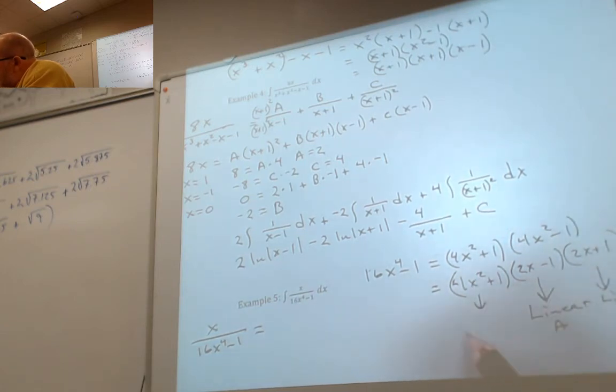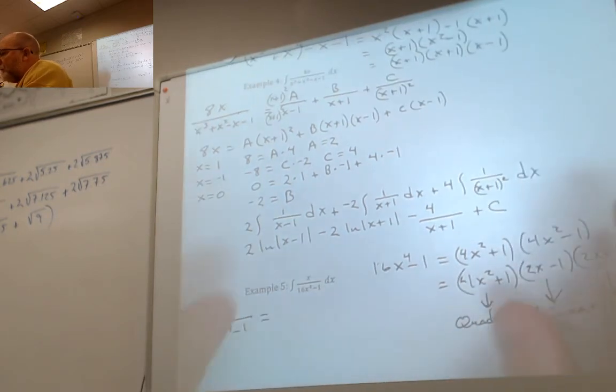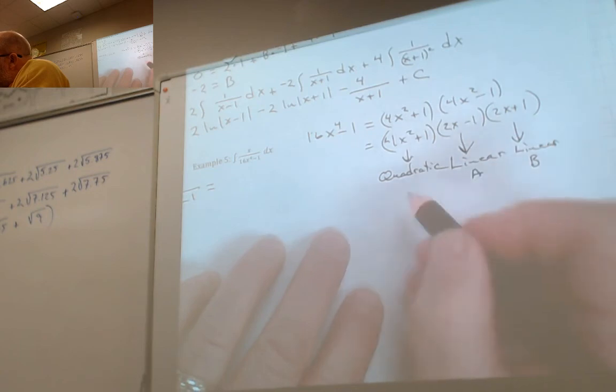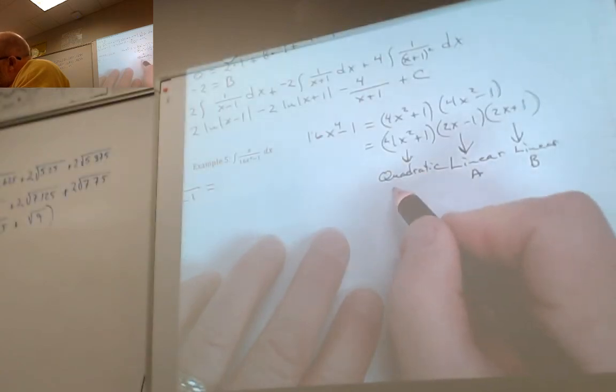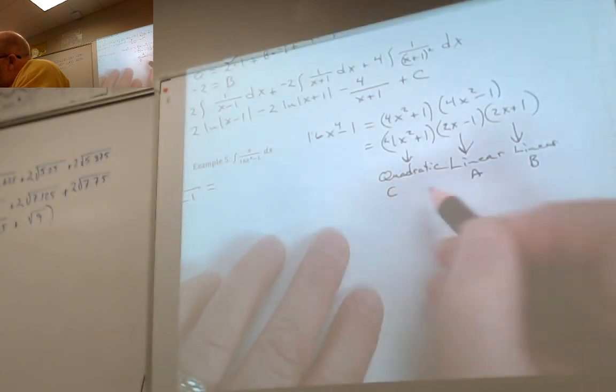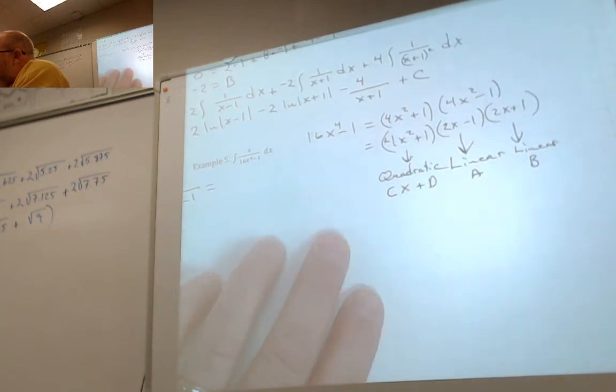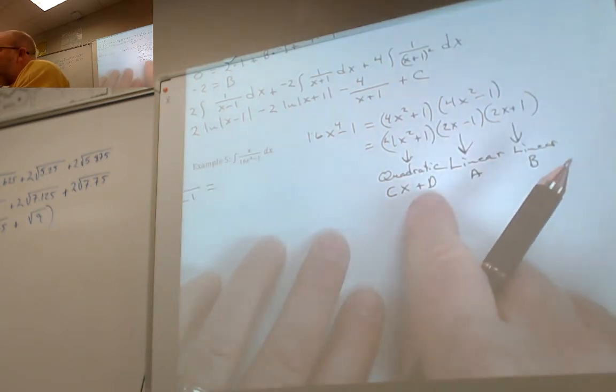This is quadratic, because it's got a degree of 2. You have to have this. I've already used a and b, so I'm going to use cx plus d. You have to have this as your numerator.